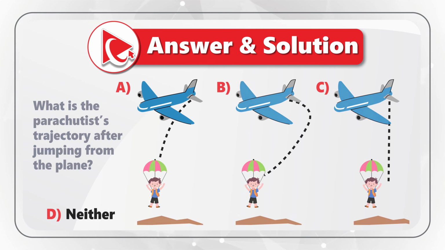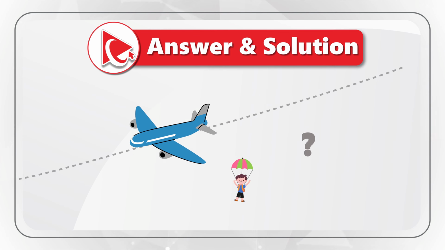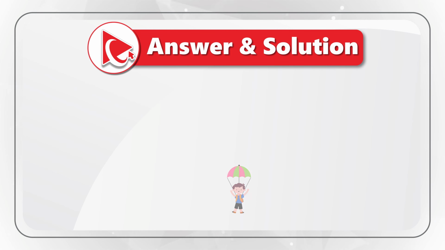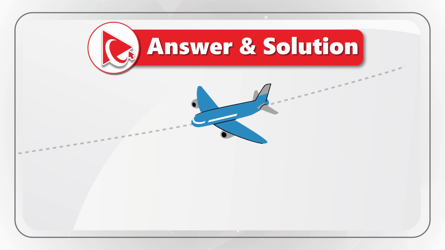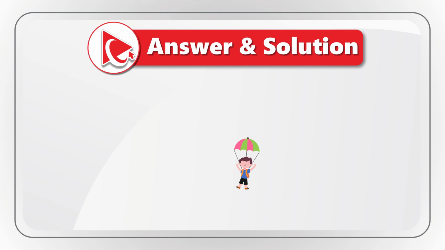To better understand the answer, we need to determine what changes from when the parachutist is inside the plane and when the parachutist jumps from the plane. When the parachutist is inside the plane, both the parachutist and the airplane are moving together in the same direction. When the parachutist jumps from the plane, there are multiple forces that will determine the trajectory.